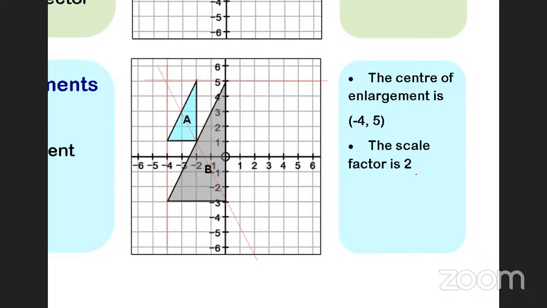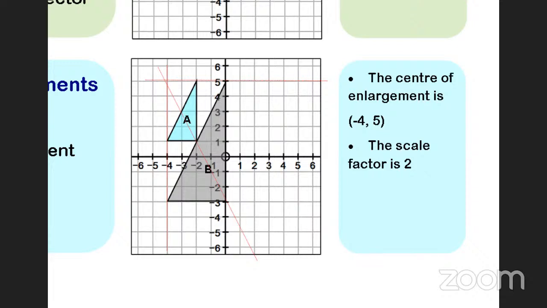Quick question. Suppose they don't give us the center. What to do? Suppose they don't give us the scale factor. What will you do? Richard, what do you think? How will you get the scale factor?